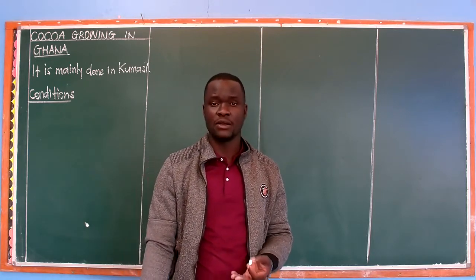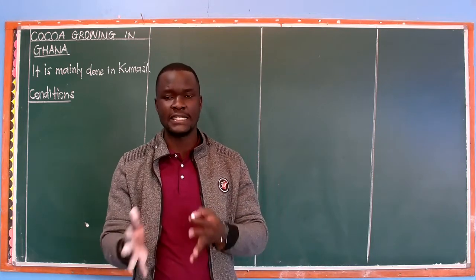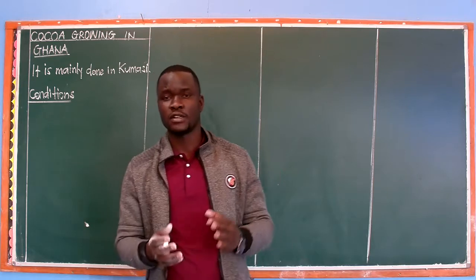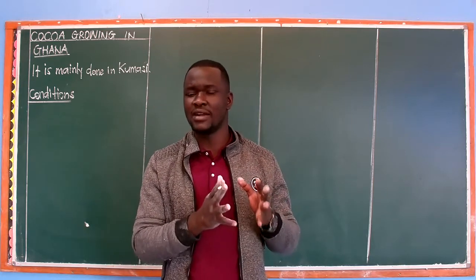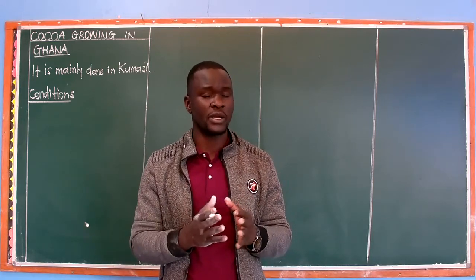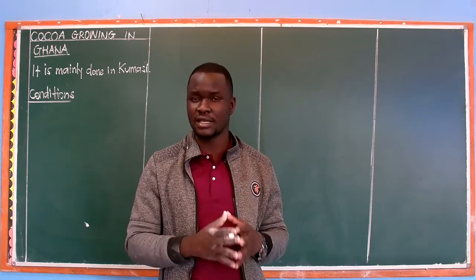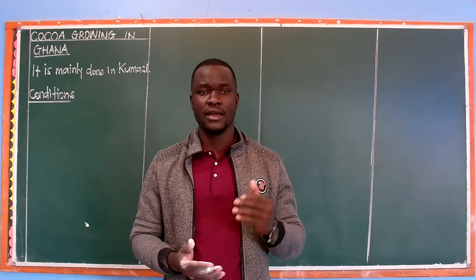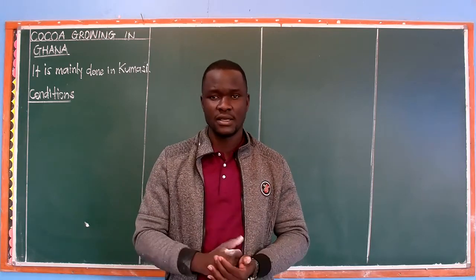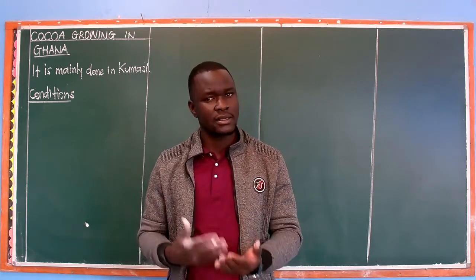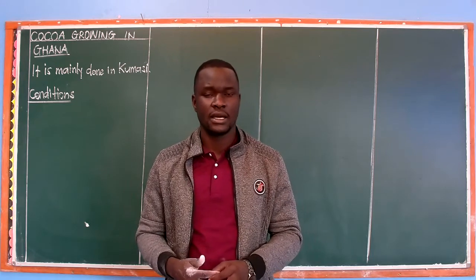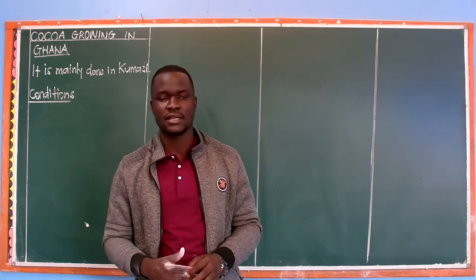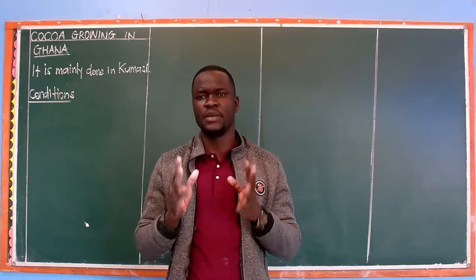Then lastly, we cannot fail to talk about the changes in climatic conditions. We have talked about the crop requiring an area which experiences a lot of rainfall. But at times we find that due to climatic changes, the season might change and the crop can be affected, and as a result, the farmer registers a very big loss.